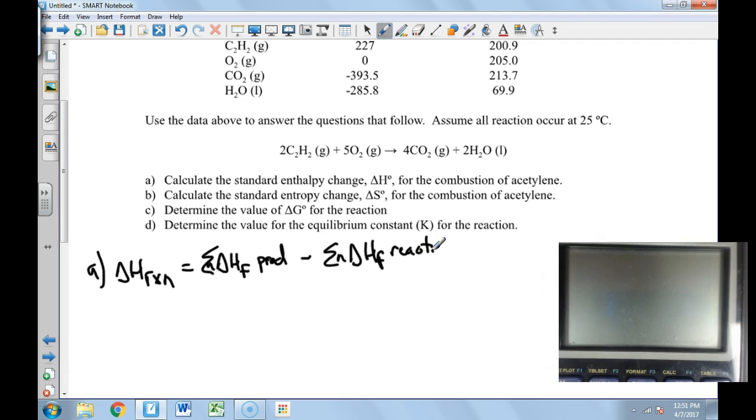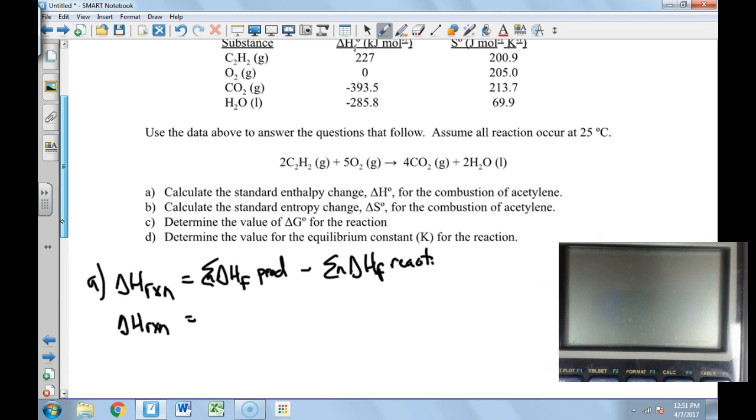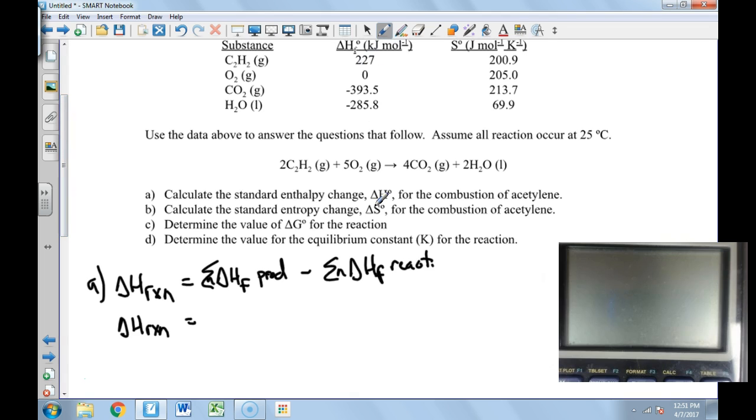Because we have a balanced chemical equation, everything should work out. We're going to solve for this. So delta H reaction equals, and now we need to know which one is delta H of formation.